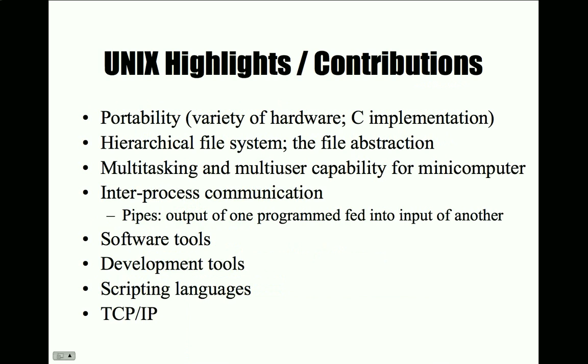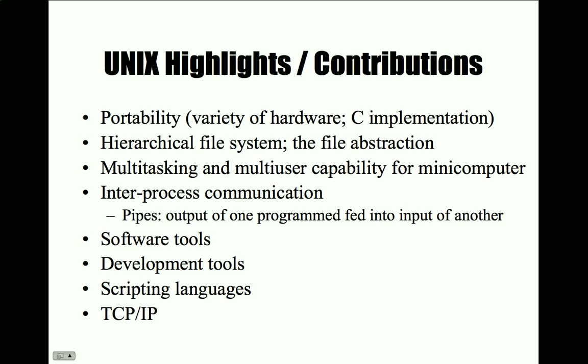Some of the highlights of Unix and its traits: it's portable, it can run on different hardware, it's implemented with C, and C is a universal language that almost every computer in the world has a compiler for, so it can basically be installed on many machines.